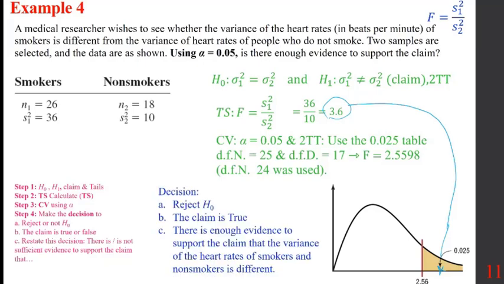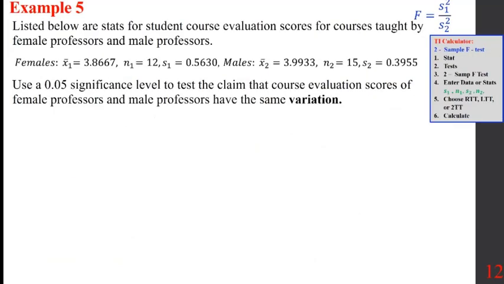So, reject H0, the claim is true. There is enough evidence to support the claim that the variance of the heart rates of smokers and non-smokers is different.